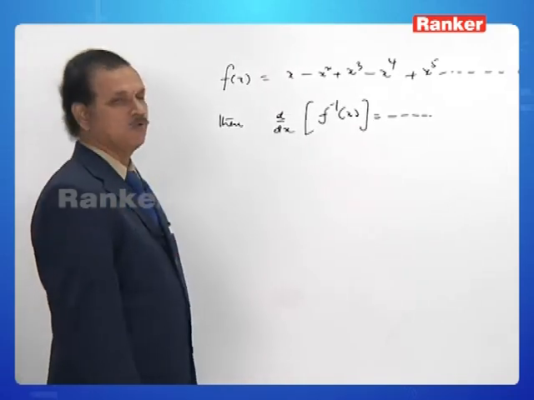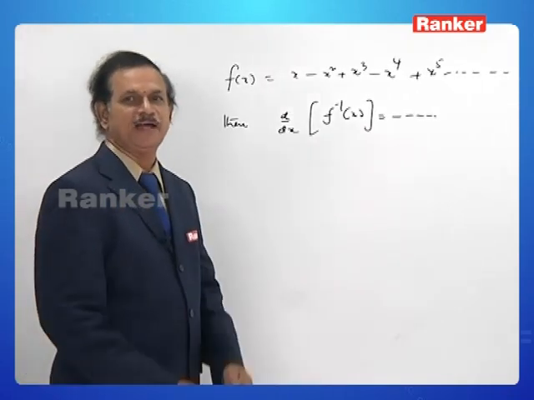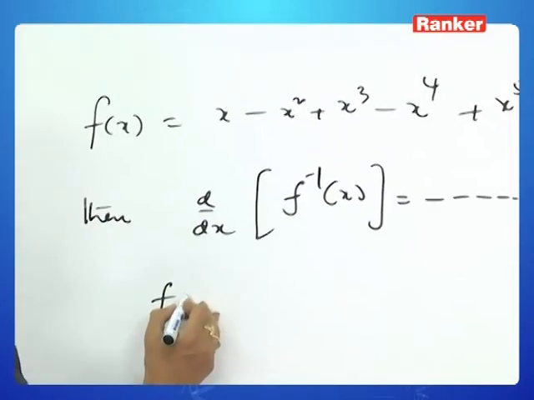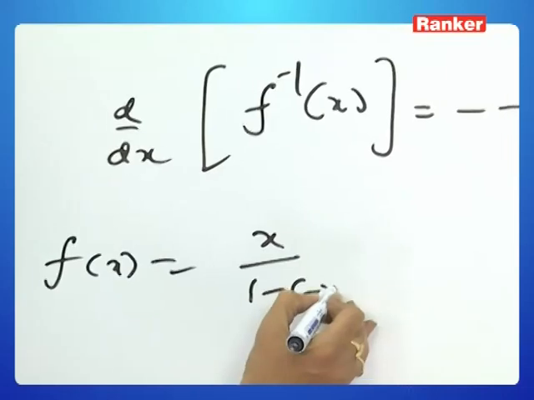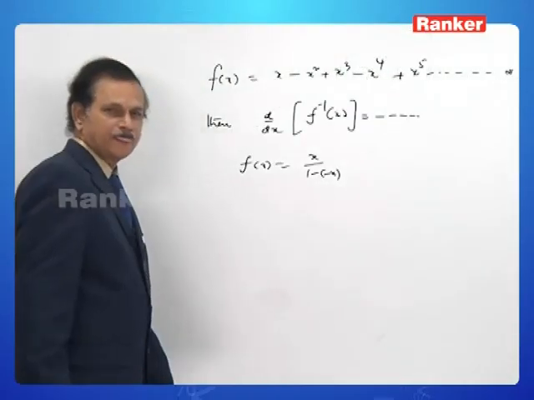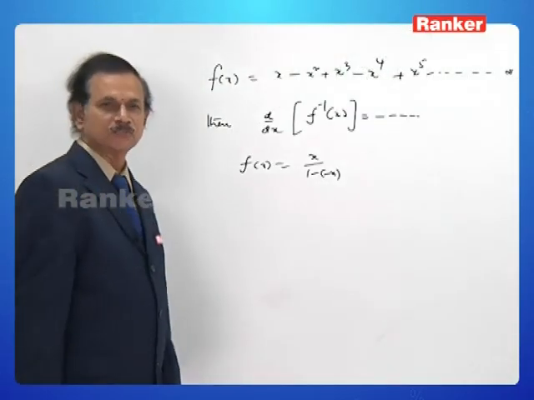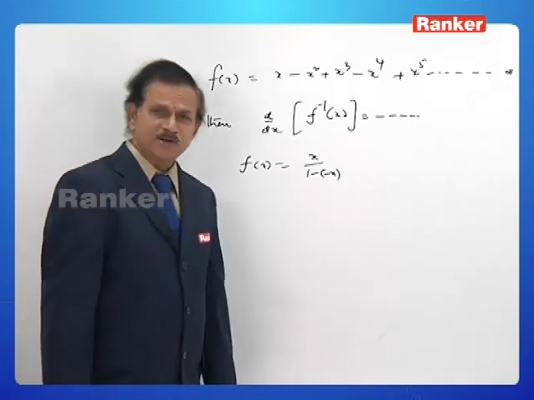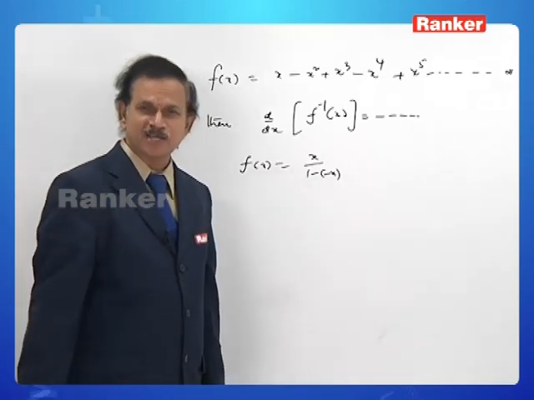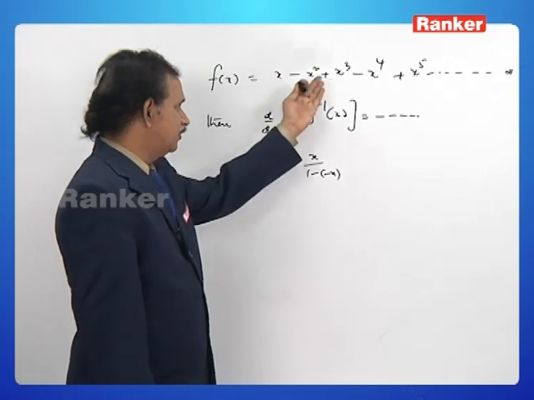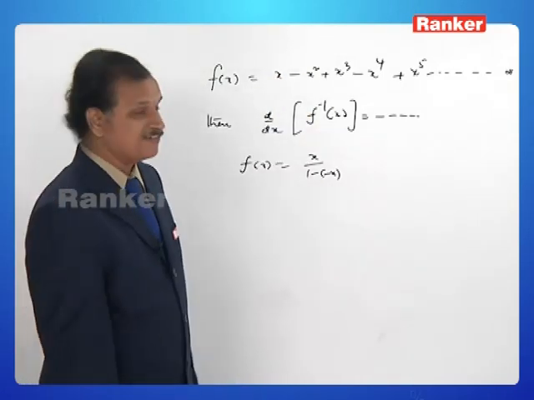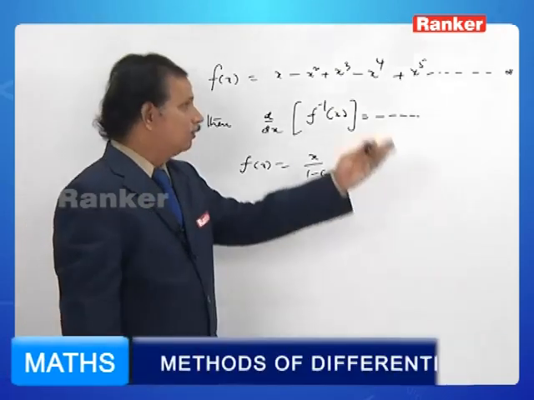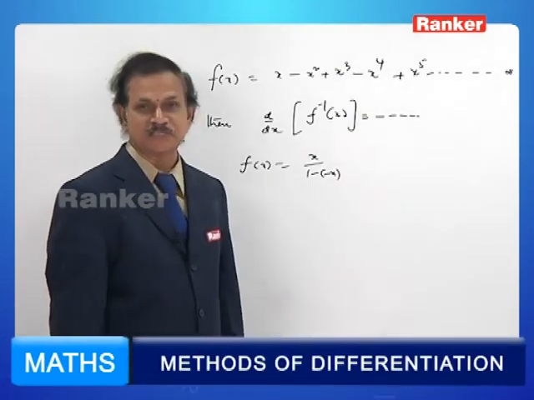First of all, you have to get f of x simplified. What is f of x? F of x is equal to a by 1 minus r, isn't it? What is a and what is r? It is very simple to look at f of x. It is just nothing but an infinite geometric series whose common ratio is always less than 1.